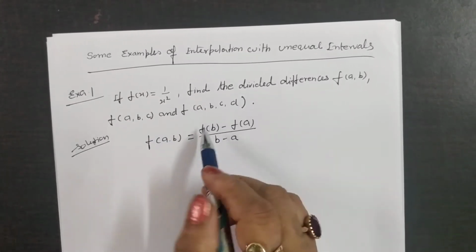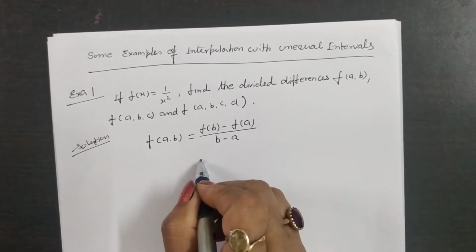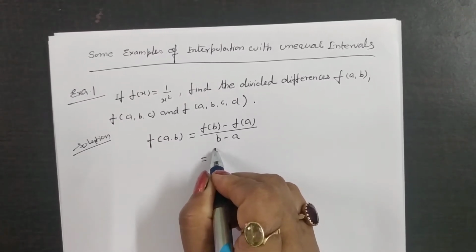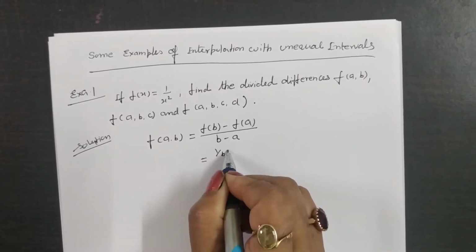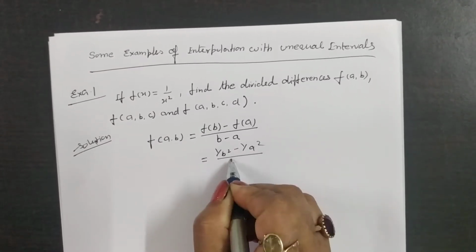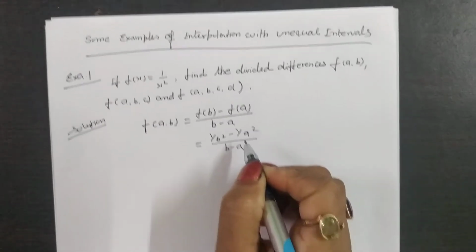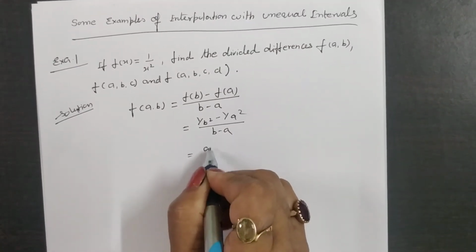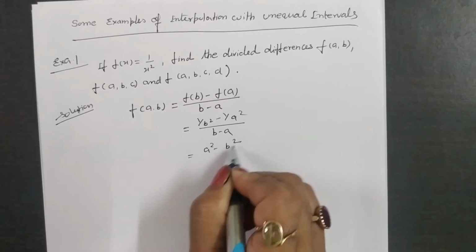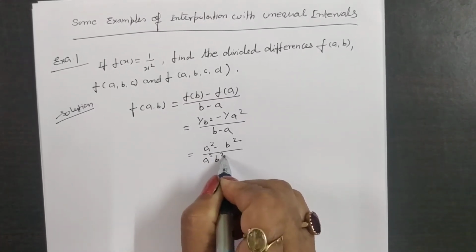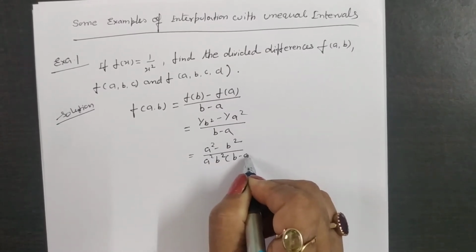So f(b) becomes 1 by b square, minus 1 by a square, divided by b minus a. Solving this, you get a square minus b square divided by a square b square, all divided by b minus a.